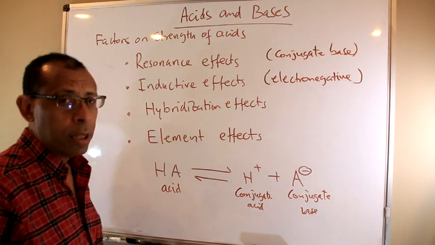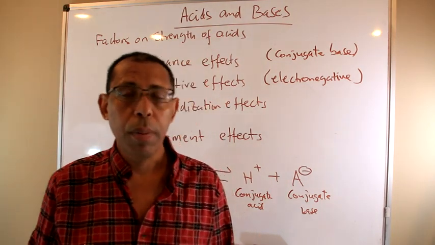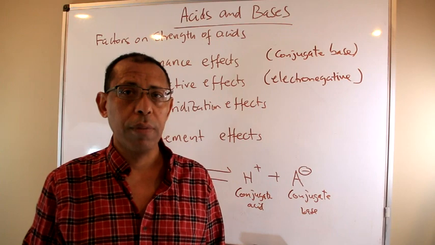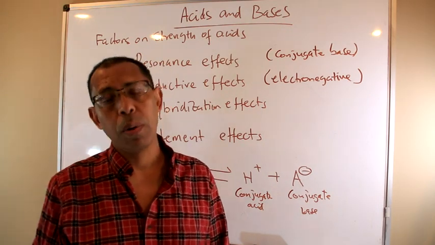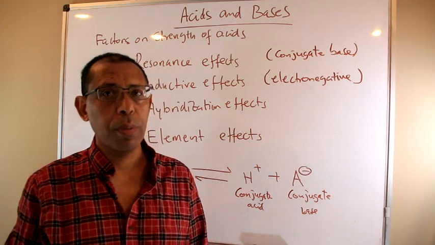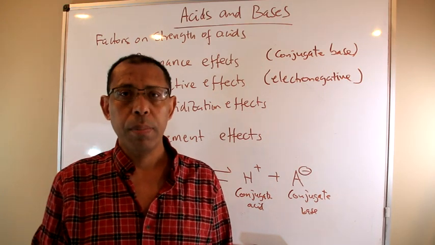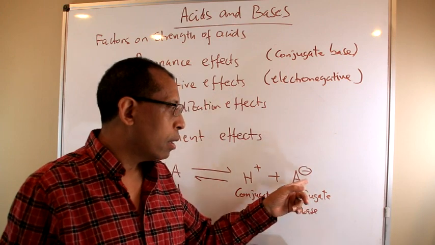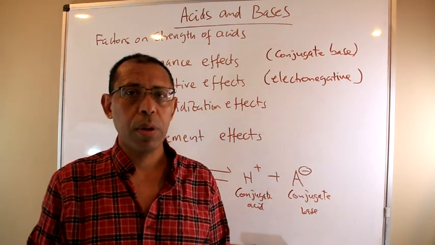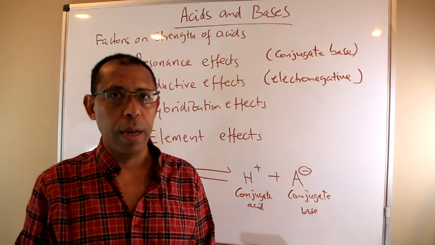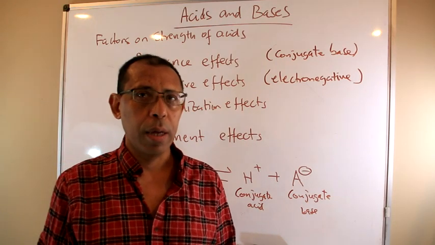The third one is hybridization effect. Probably you might remember from our discussion of hybridization that atoms with sp hybridized orbitals are more electronegative. That means the conjugate base can be stabilized because that hybridized element would have a stabilizing effect.